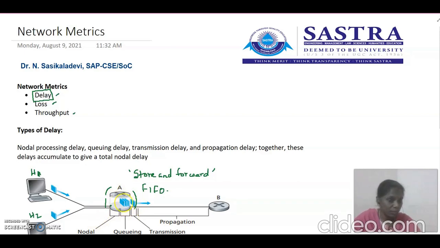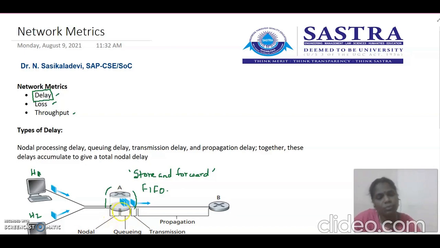If the queue is already filled with some packets, then it should follow the queue: the packets already in the queue are forwarded first, and then the new packet is forwarded. That delay is known as queuing delay. The queuing delay and nodal processing delay are normally negligible. We'll talk more about them in a deeper sense in a later class.